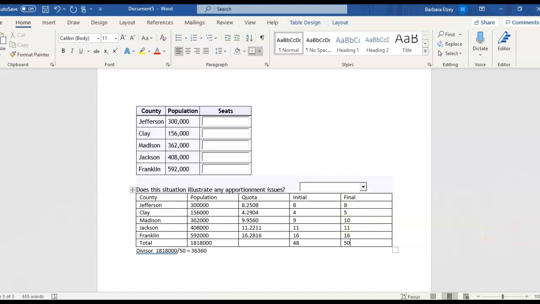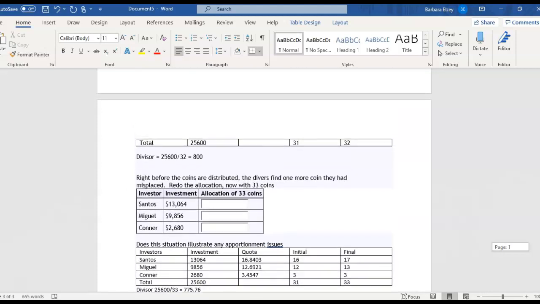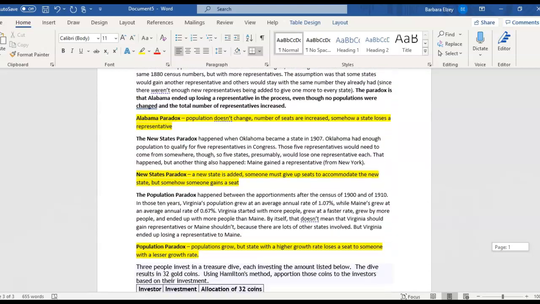So let's go up to our paradoxes and see which one this is. We really had 2 places that grew. We would have expected that at least one of those would have gotten more representation, as opposed to something that didn't grow gaining representation. But we had a county that had no change in its population, and it actually got another seat, while one whose population went up lost a seat.